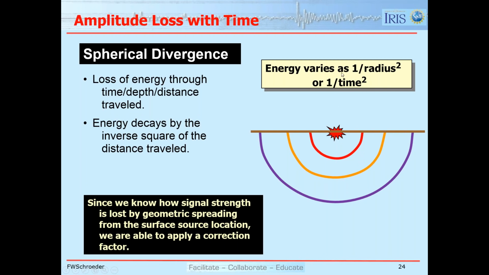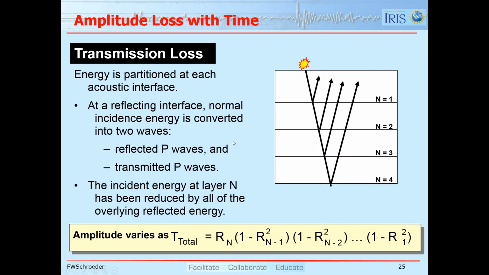That energy variation decreases as 1 over the radius squared or 1 over the two-way time squared. And so we understand this phenomenon of spherical divergence. We know it's related to the radius squared. And so understanding that, we can then compensate for the loss of amplitude due to spherical divergence.